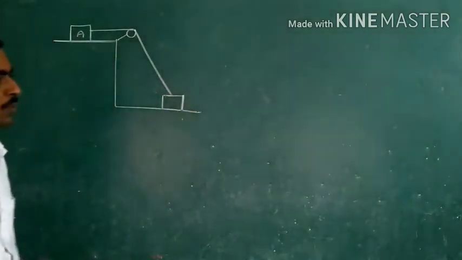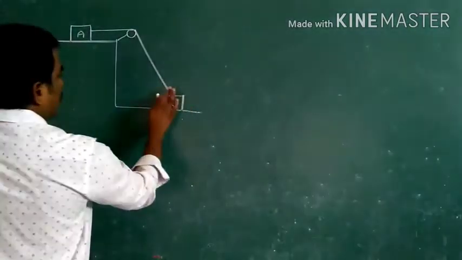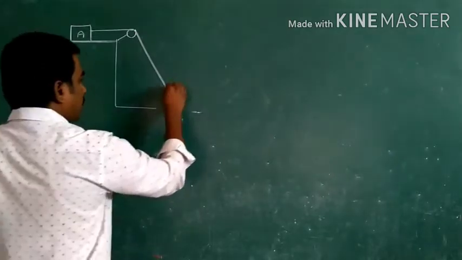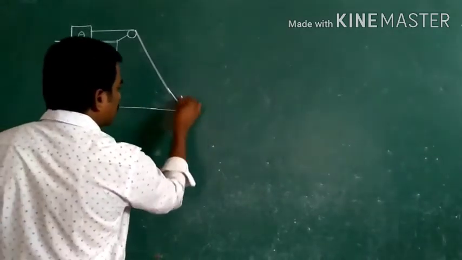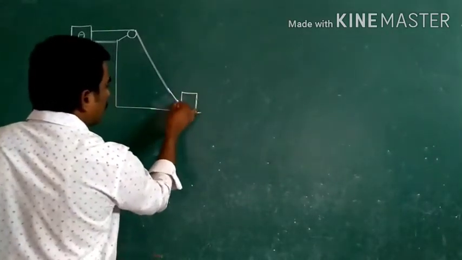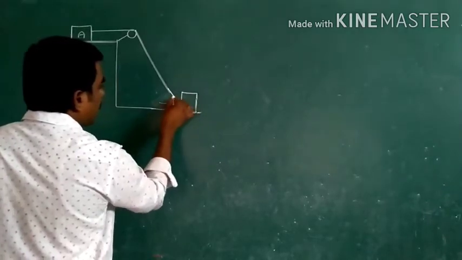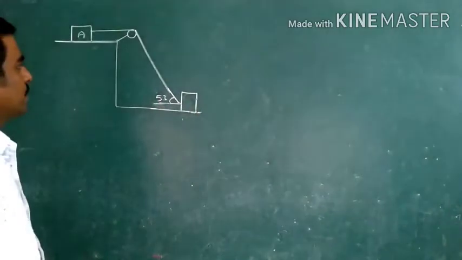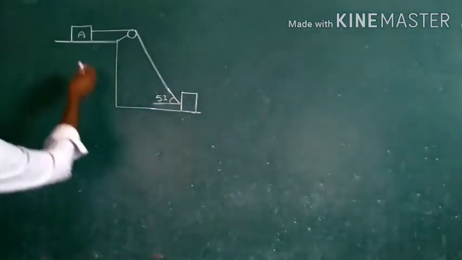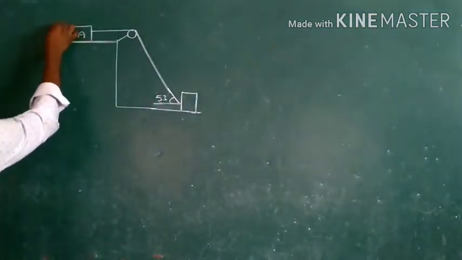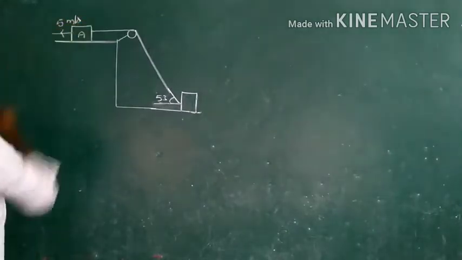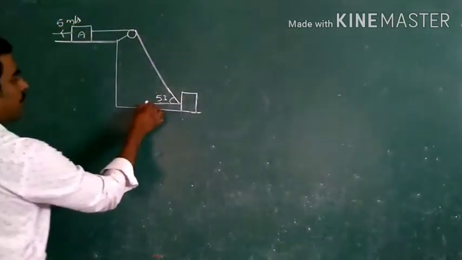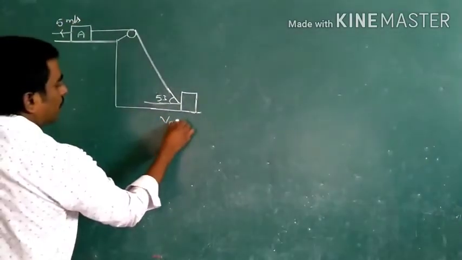Otherwise, you have to take it like this. This one makes an angle of 53 degrees with the horizontal. Now this block A moves with a velocity of 5 meters per second. Now what is the velocity of block B?